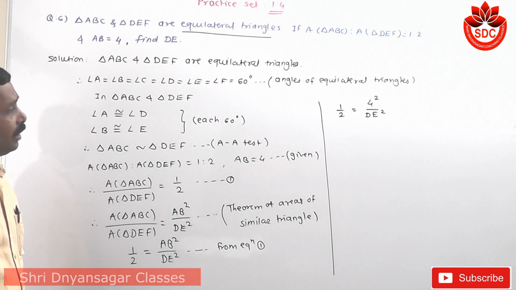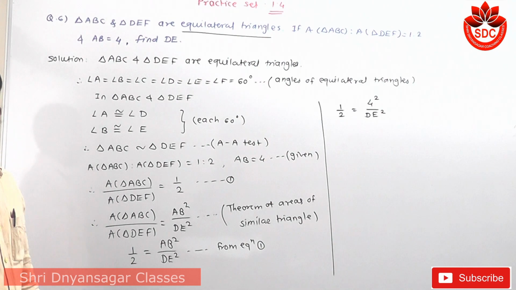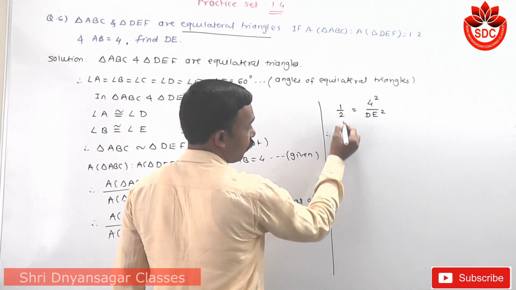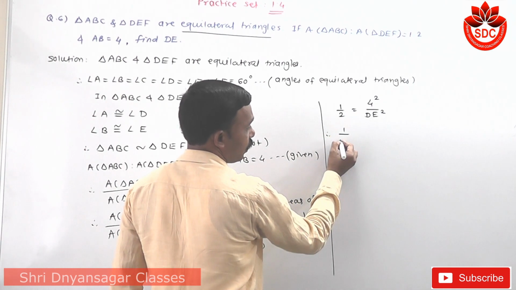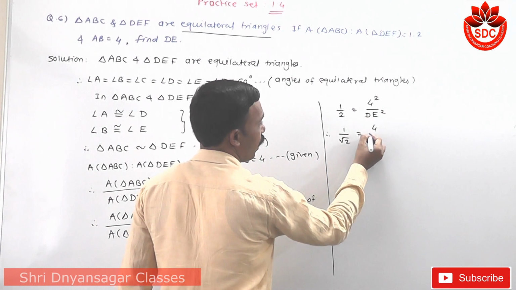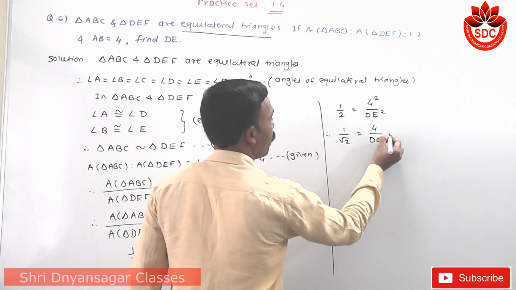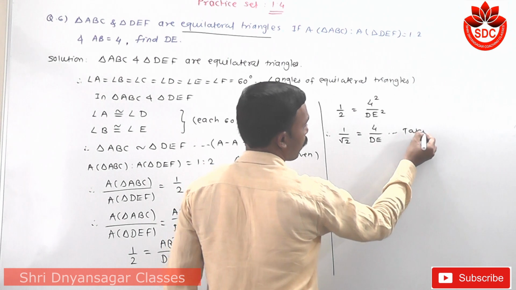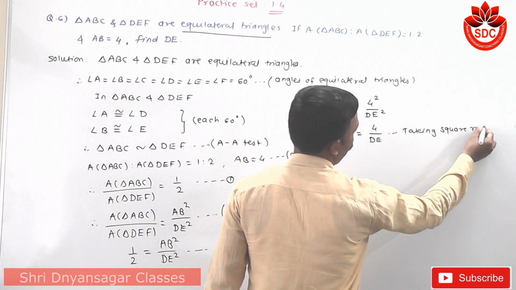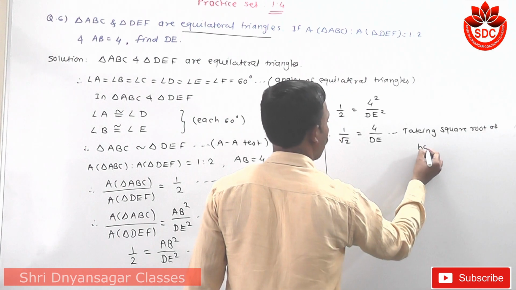Okay student, then we can also take the square root of both sides. So when we take the square root, the root of 1 is 1 and root 2 is equal to the square of 4, which is 4, upon DE. Here I have written taking square root of both sides.